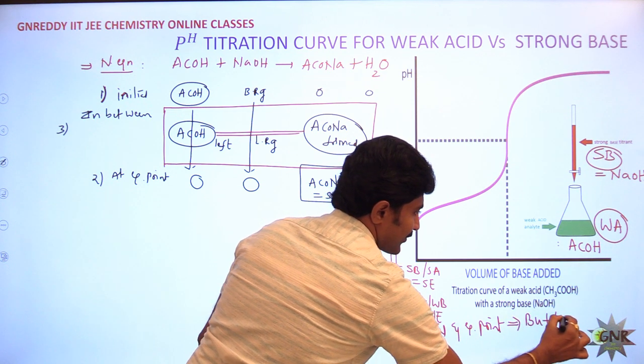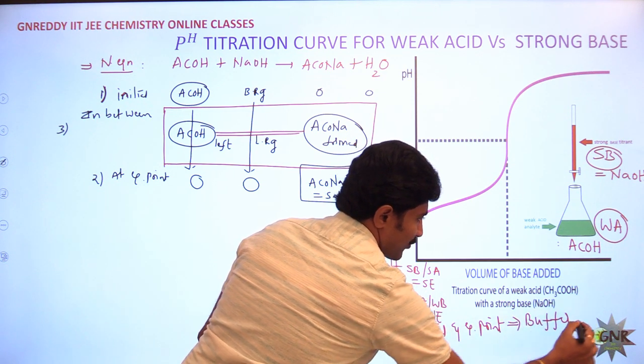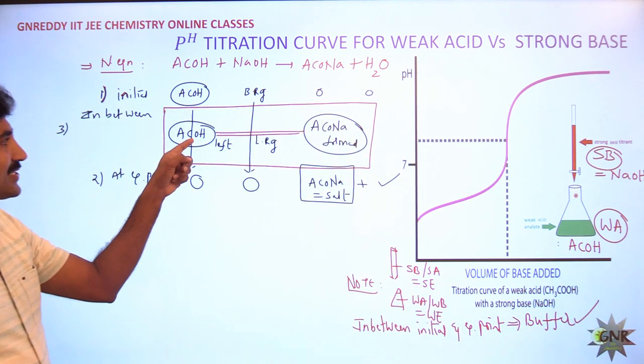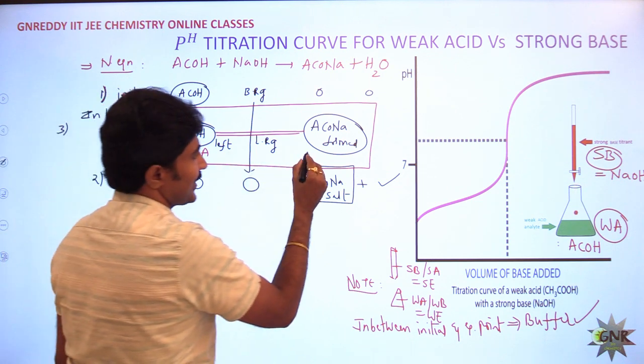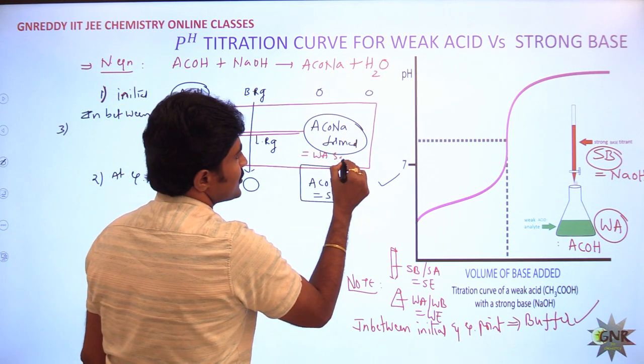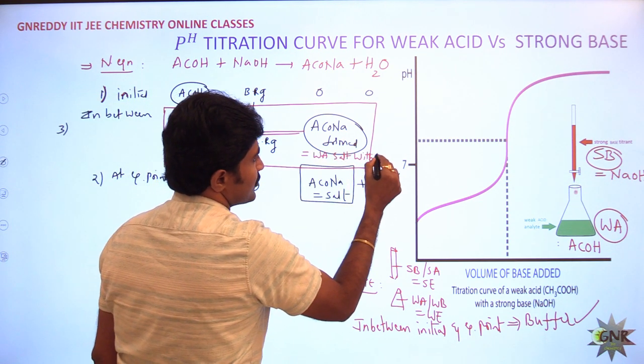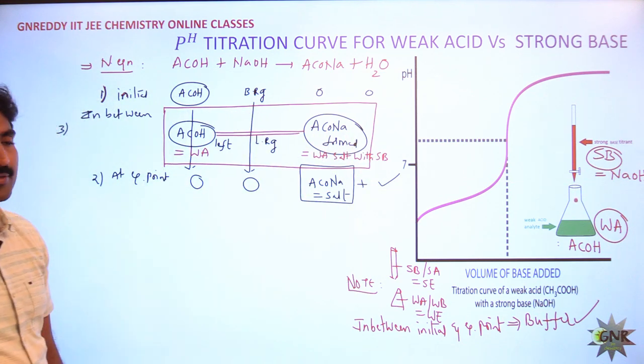So why will buffers be formed? You know this is the weak acid, and this is the salt of the weak acid with a strong base. Therefore a buffer will be formed here.